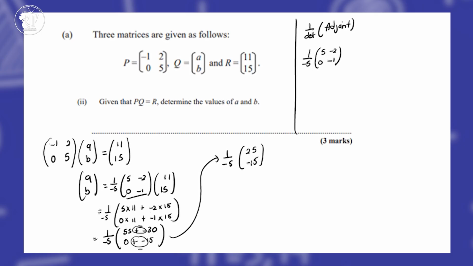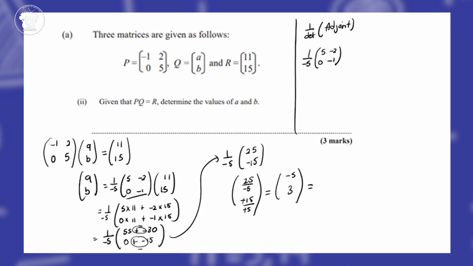So 1 over -5 multiplied by 25 gives me 25 over -5. And 1 over -5 multiplied by -15 gives me -15 over -5. Hence 25 divided by -5 would be -5. Two negatives cancel out, and 15 divided by 5 would give me 3.